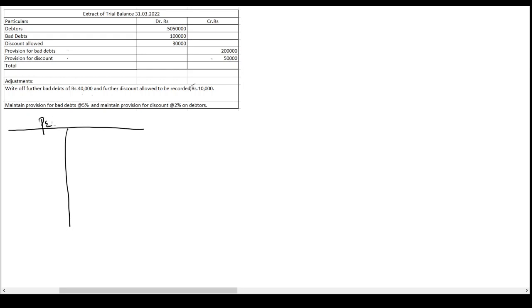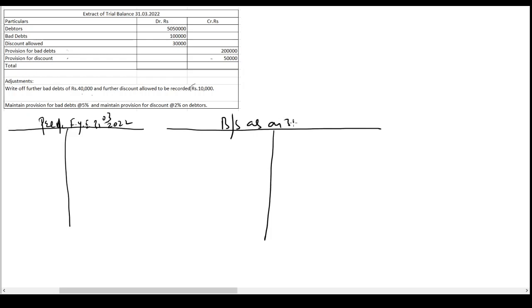This is the profit and loss account for year ended 31st March 22. Then you have the balance sheet as on 31st March 22.